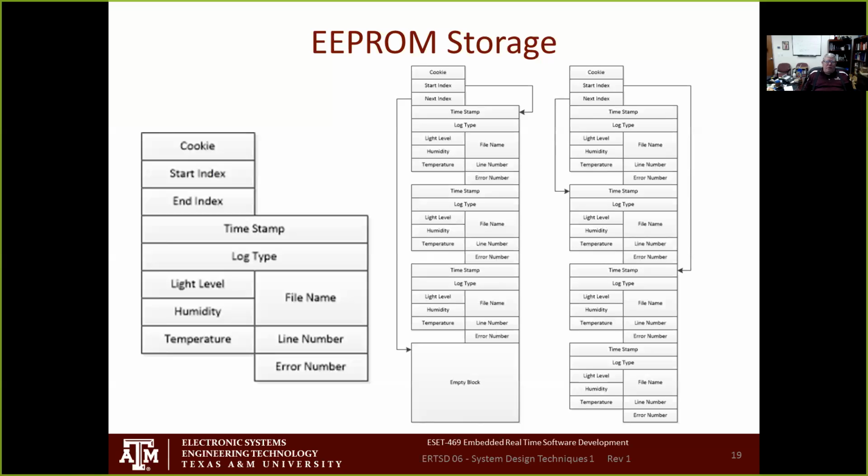One interesting thing about an EEPROM is something you don't think about, but you should: I can write to a particular memory location in EEPROM as many times as I want to. And by the way, the same is true for flash memory, because a write basically changes particular 1 bits to a 0.